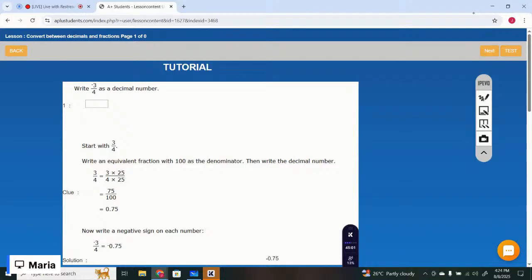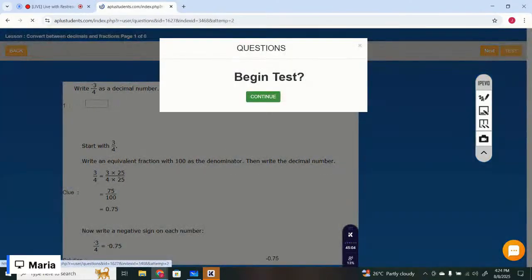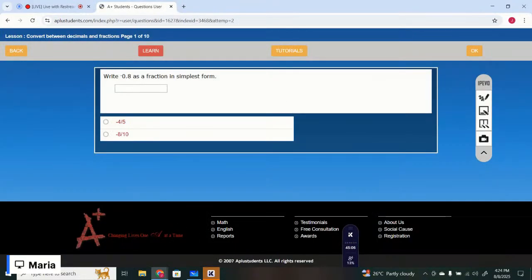Let's just start with the test questions. Write -0.8 in simplest form. So let's just remove the decimal point first.